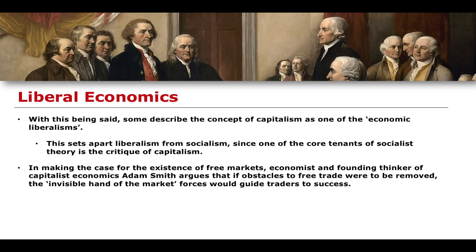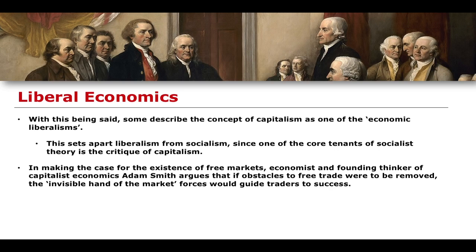And free market capitalists argue that the free market itself and the laws of the free market, the laws of demand and supply and elasticity and market equilibrium, are all that you need to essentially allocate resources in a way that is fair and equitable, such that you don't need to have the state intervening in the market and imposing subsidies or taxations or restrictions and all these different kinds of things. If you just let the market be free and do what it does, then that can lead to economic prosperity, essentially.